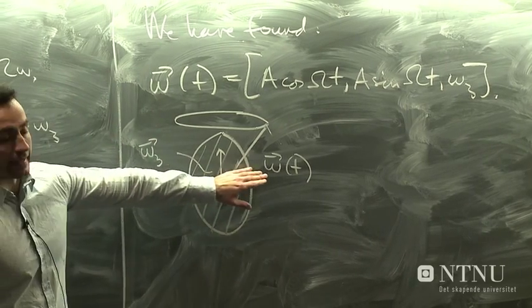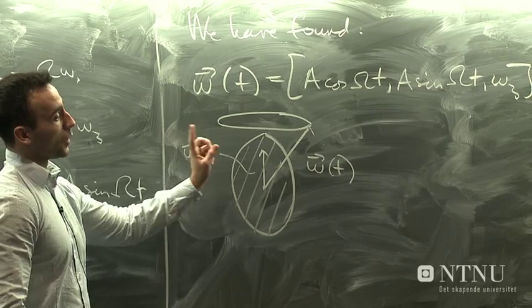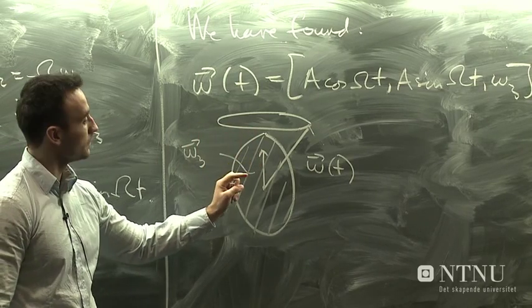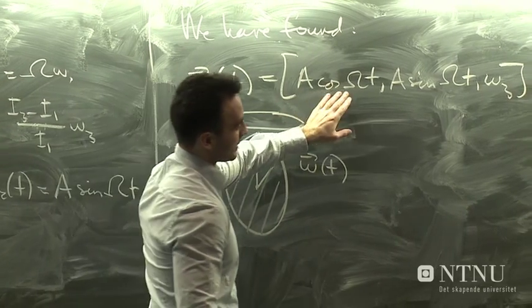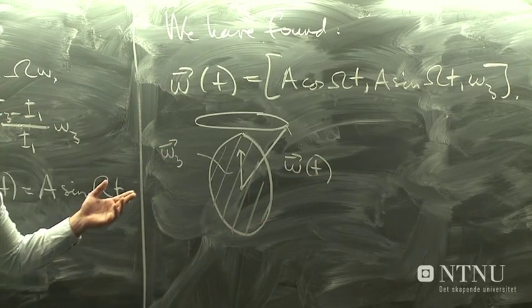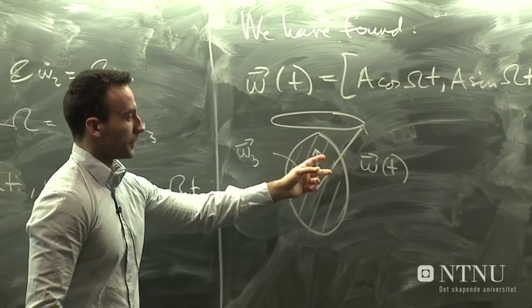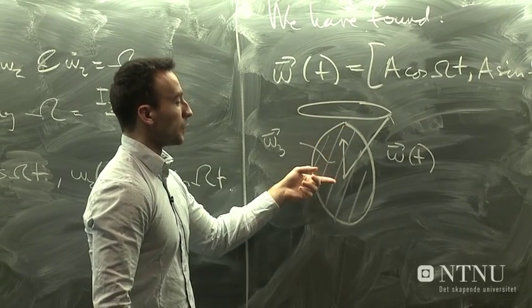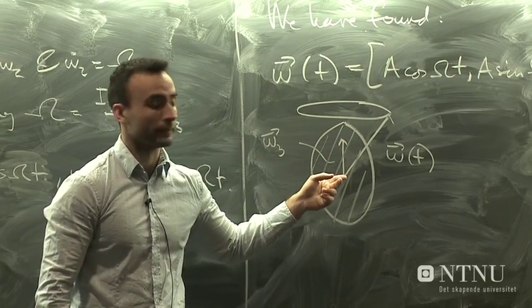Well, we see then that the angular velocity vector actually rotates with time, right? We have an x and y component, if you will, that go like cosine and sine. And so the angular velocity vector rotates in this circle around the constant omega 3.